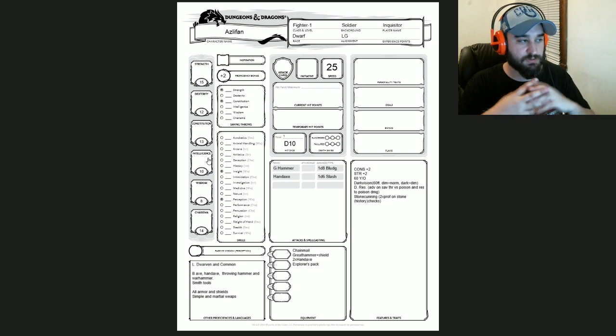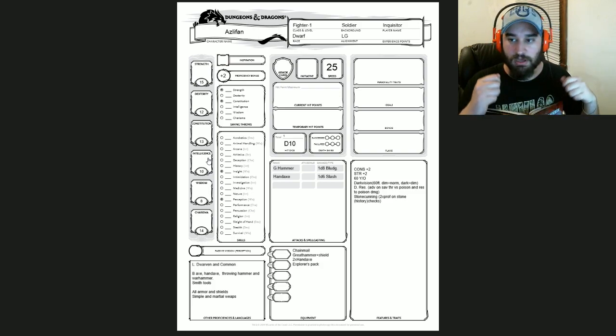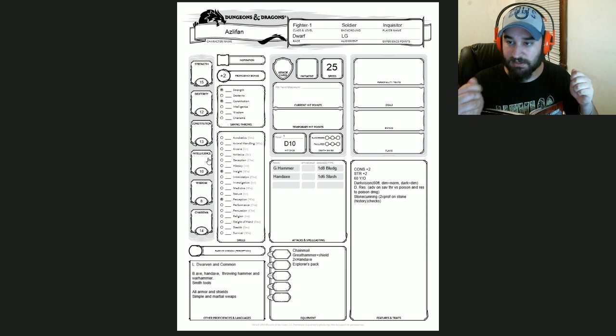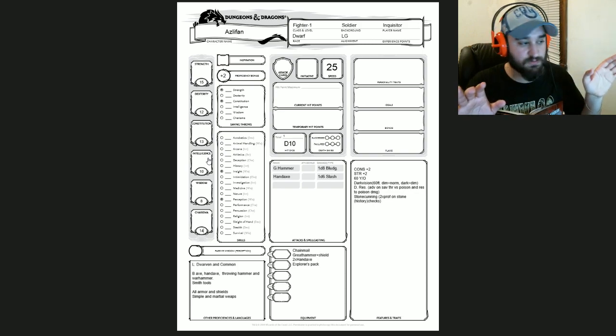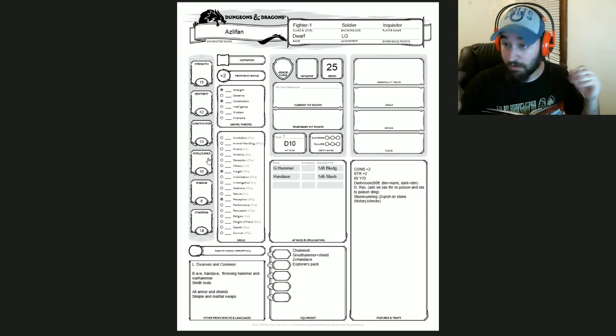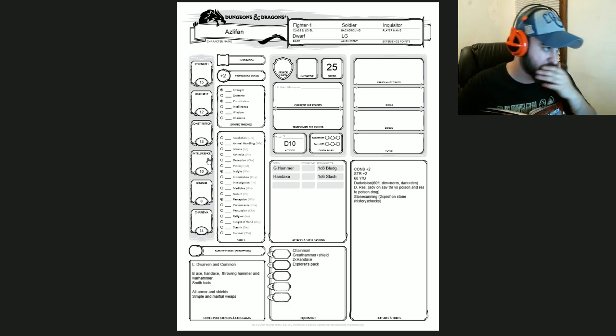You start at 10. 10 and 11 is 0, so you have no bonus from 10 or 11. Then you go up or down from there by 2. So 10 and 11 is 0, 12 and 13 plus 1, 14 and 15 plus 2, 16 and 17 plus 3, and 18 plus 4. You can't have more than 18 when you start. I'll let you know right away.